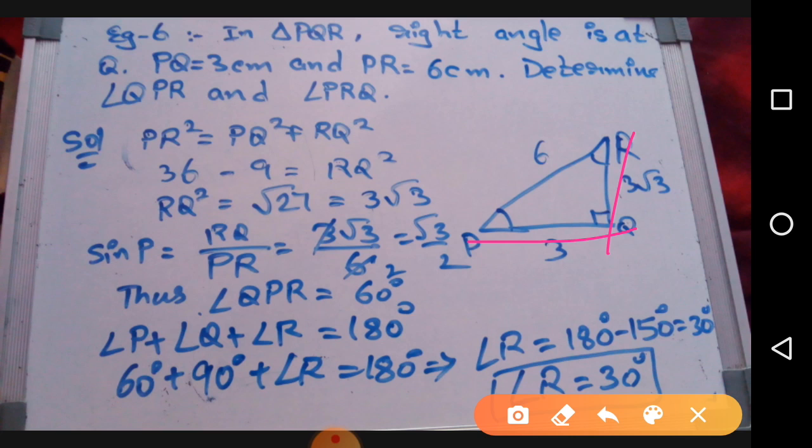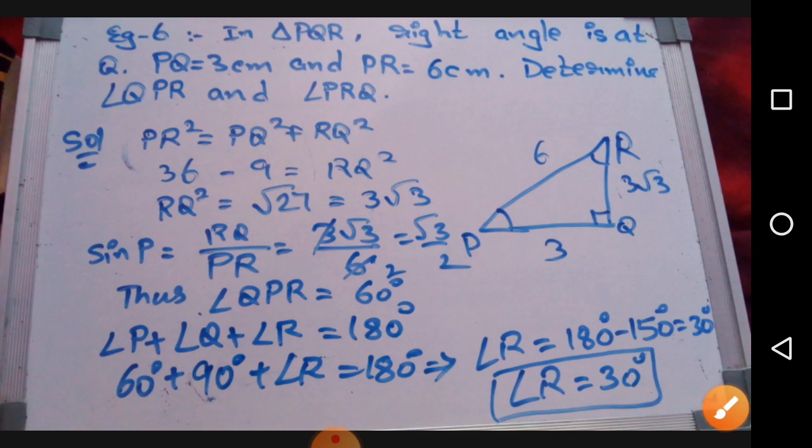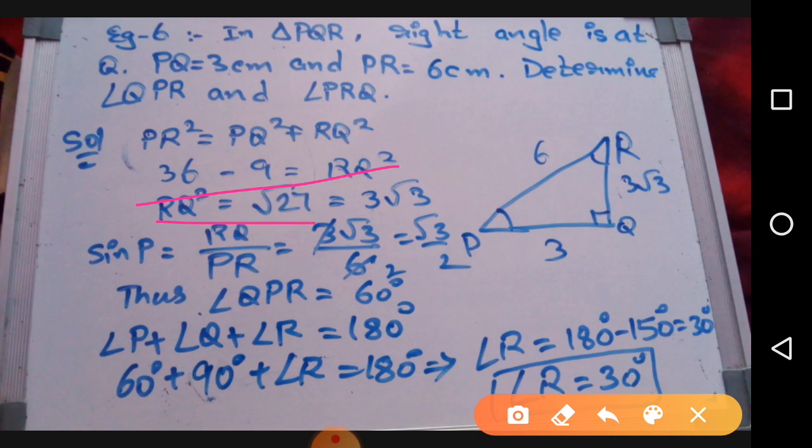Pythagoras is one of the bases of trigonometry. Just remember this. Okay, yeah. So we need to find RQ. Thus as we have applied the Pythagoras theorem, 36 minus 9 is 27, and RQ square is equals to 27, and then RQ equals to, one step I have missed.